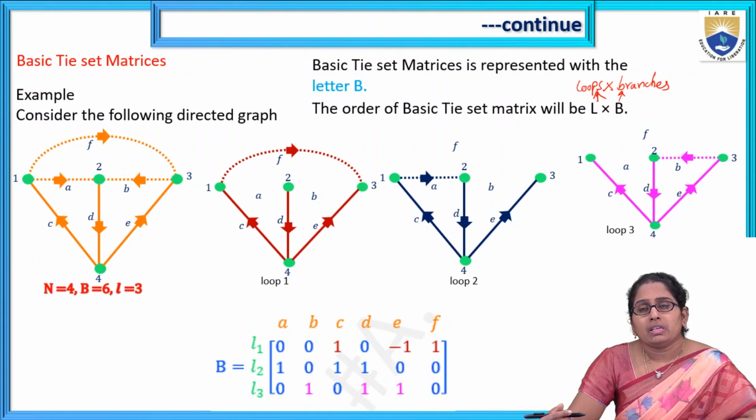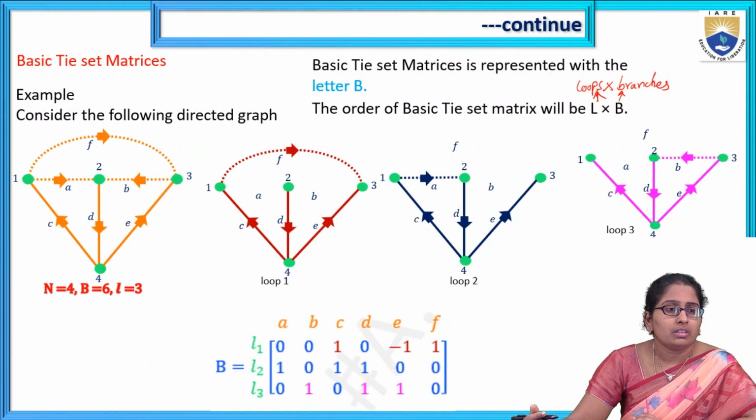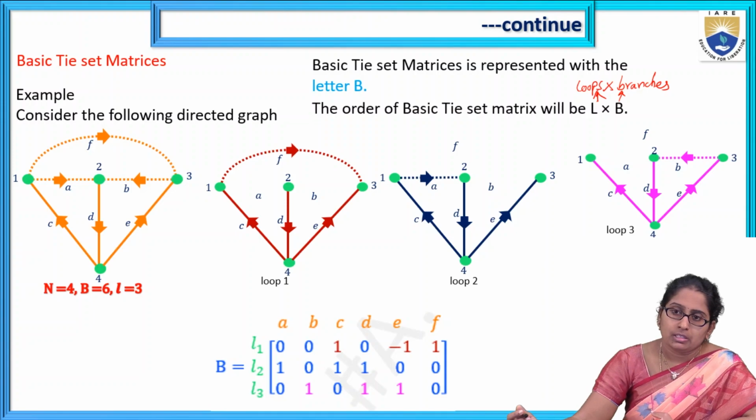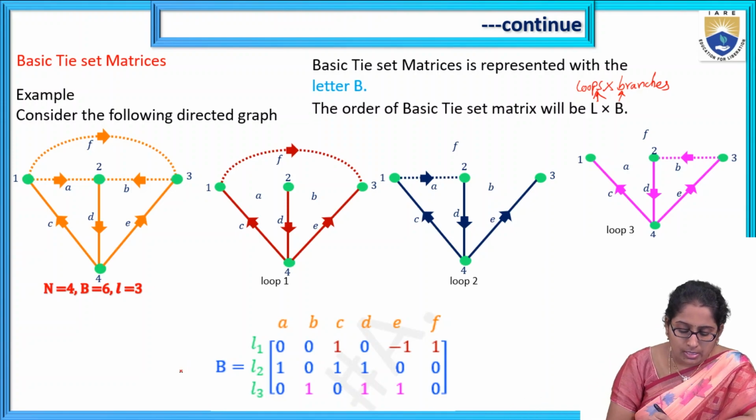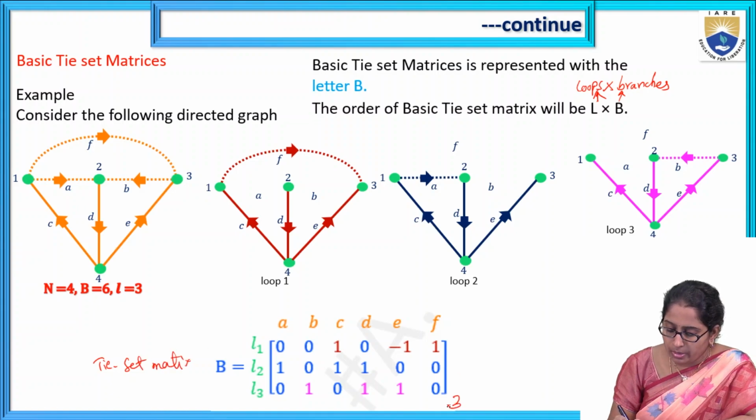Basically we need to know how many loops are present for a given tree, then automatically the matrix order is also known. Here, how many loops are present? Three loops are present. That's why the order of this tie set matrix B is 3 by 6.